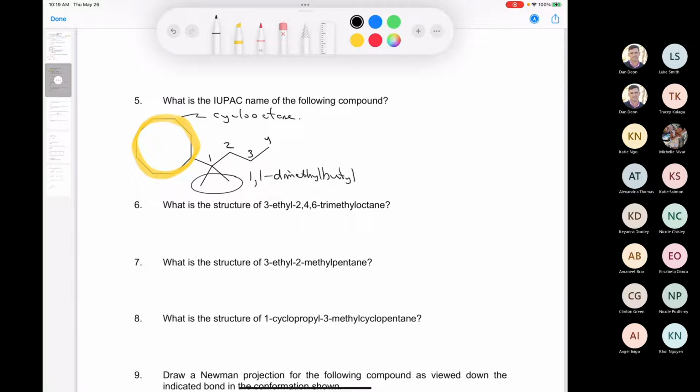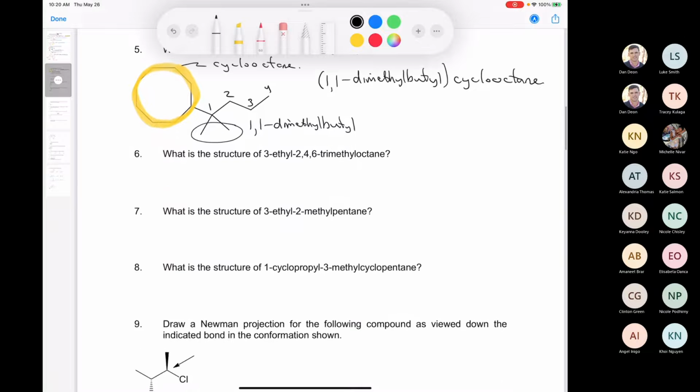And we put that in brackets. So we have our (1,1-dimethylbutyl)cyclooctane. Excuse me. And that is how we name a complex substituent. Again, that might be worth the value of 1 multiple choice question on your next quiz.